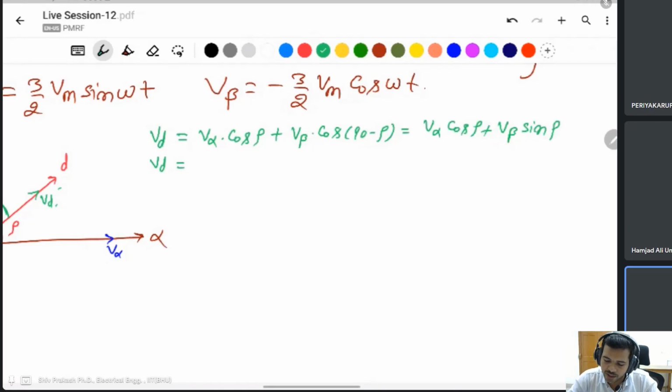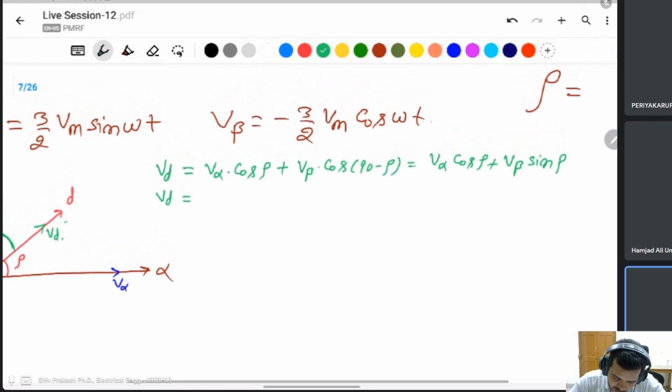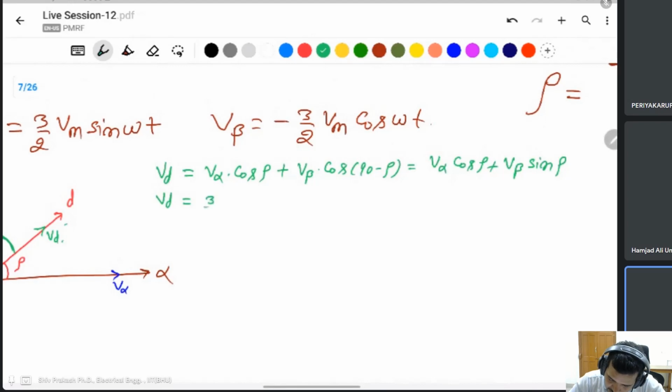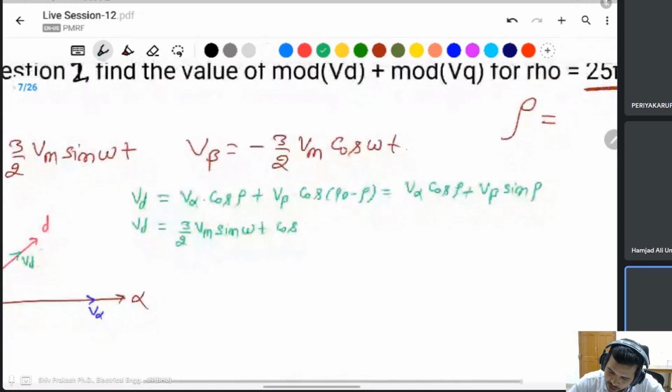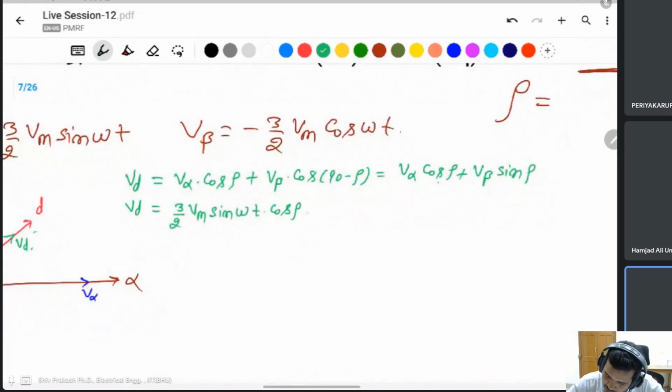I am solving it further. V alpha is 3 by 2 Vm sin omega t into cos rho, plus V beta, which is negative, so negative 3 by 2 Vm cos omega t into sin rho.